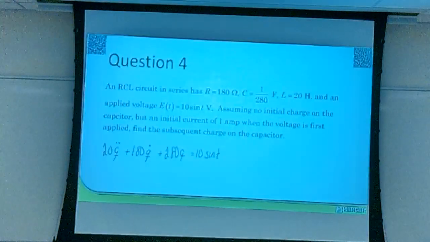What are we told? There's no initial charge, but there is an initial current of 1 ampere. But current is the change in charge.